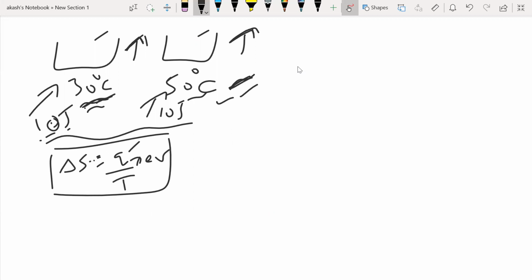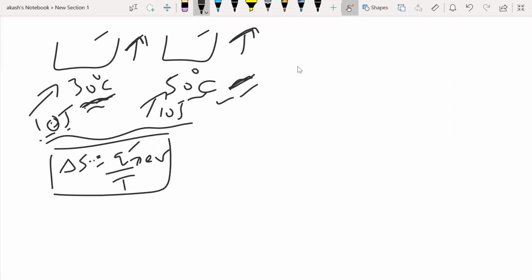And temperature, the initial temperature of the system, the higher the temperature, the more difficult it is for me to increase the entropy. So at a lesser temperature, even with a small amount of heat given, the entropy increase is going to be very, very high.